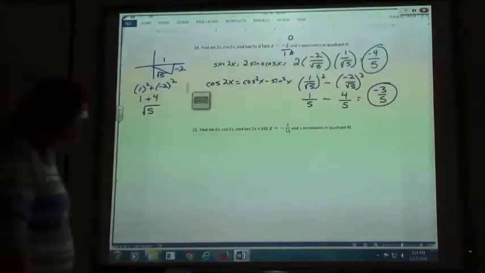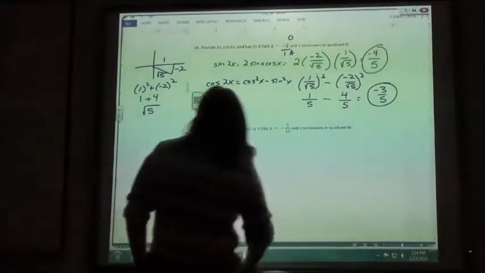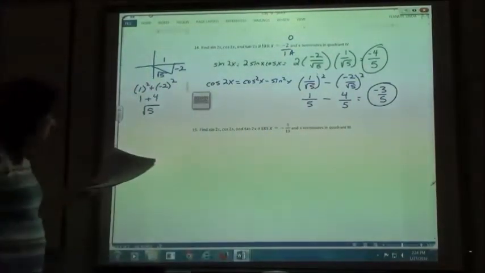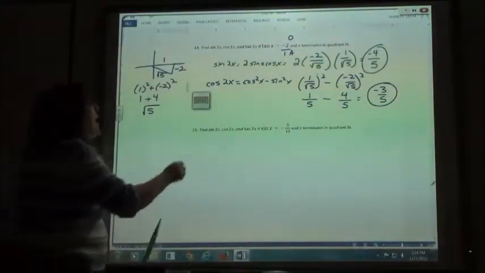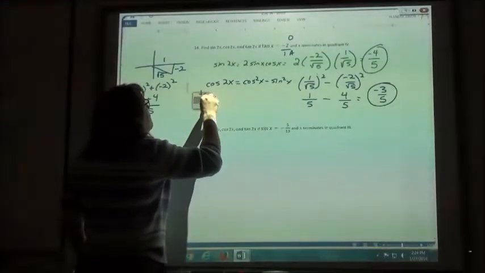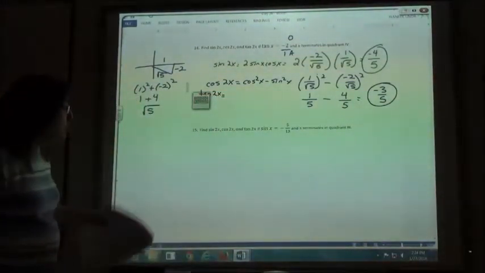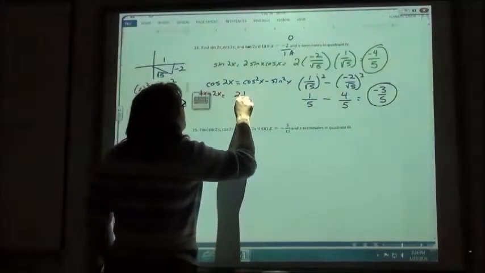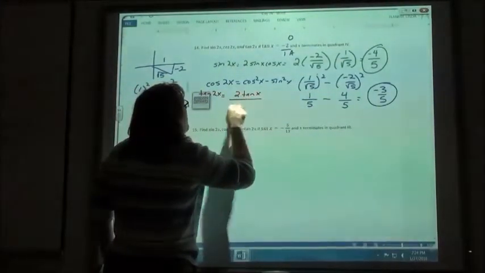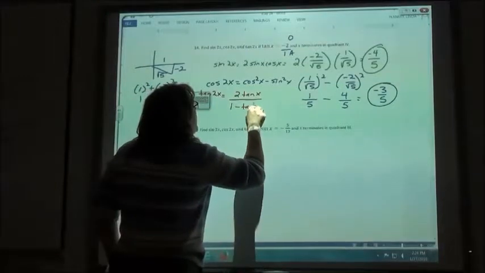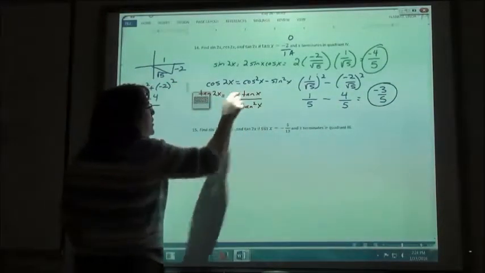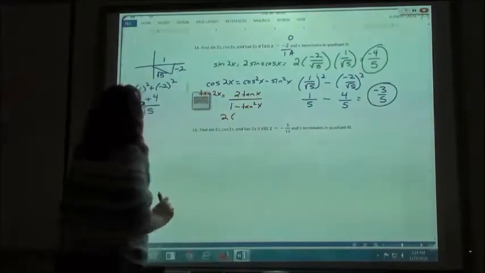I need a little bit more room for my tangent, but I'll sneak it in there. Tangent of 2x we said was 2 tangent of x over 1 minus tangent squared of x. So 2 times the tangent.